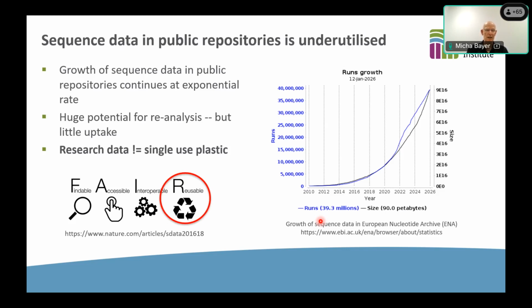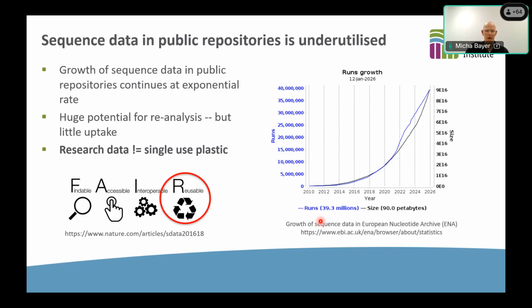So this data is all subject to FAIR principles, which means it is meant to be reusable. But we're actually seeing very little evidence that people are reusing it and reanalyzing it. And we've repeatedly made the point that people have started using research data like single-use plastic, and we don't think that's good.